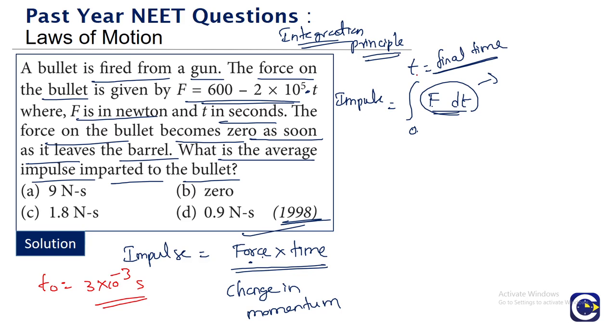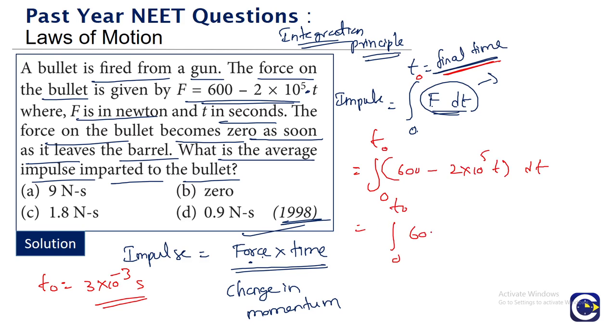Okay, now we'll integrate it from 0 to t naught. That is the final time up to which the force is acting. Okay, so look at it. Integral 0 to t naught F dt, right? F is 600 minus 2 into 10 power 5 t into dt. We'll split the integration.